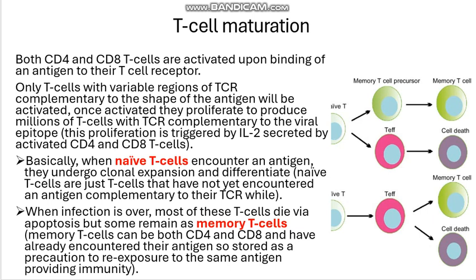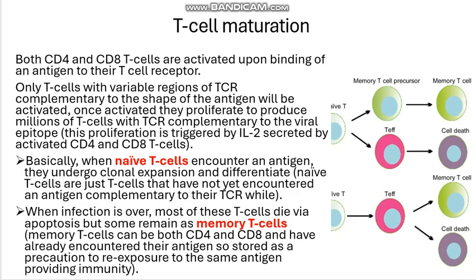So both CD4 and CD8 T cells are activated upon binding of an antigen to their T cell receptor. Only T cells with a variable region on the T cell receptor that's complementary to the shape of the antigen presented on the antigen presenting cell will be activated.